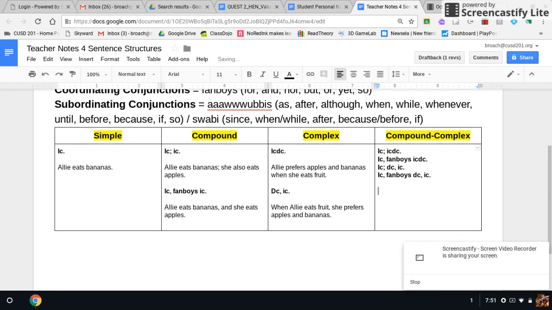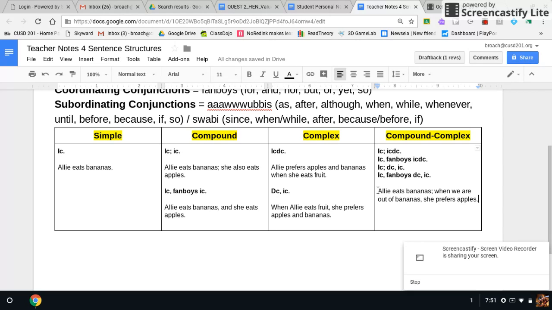So I'm going to join two of these right now. So I'm going to say Allie eats bananas, semicolon. When we are out of bananas, she prefers apples, period.